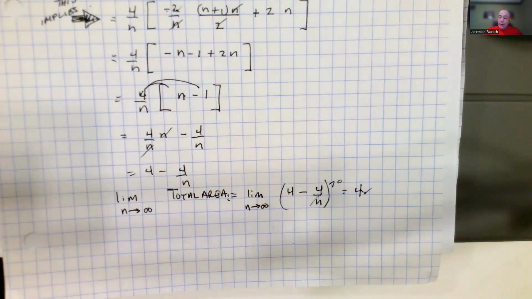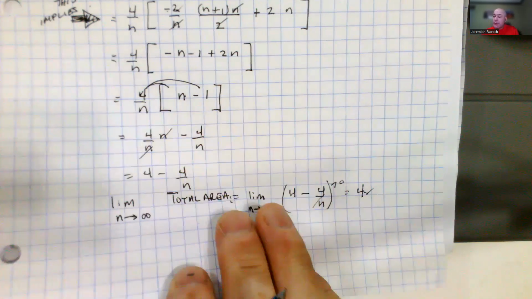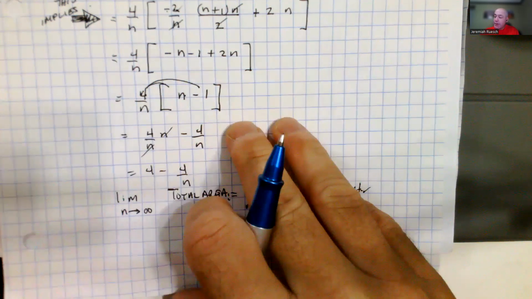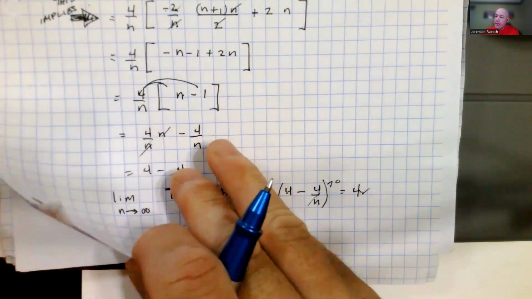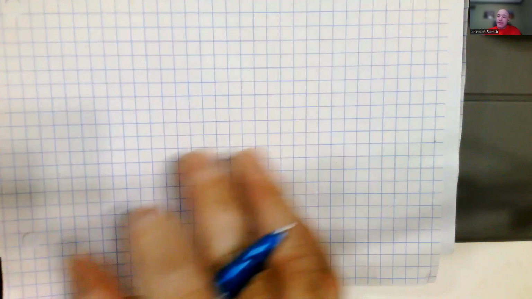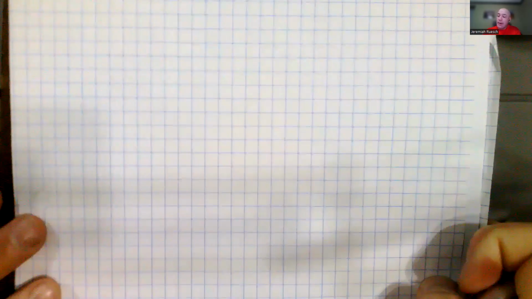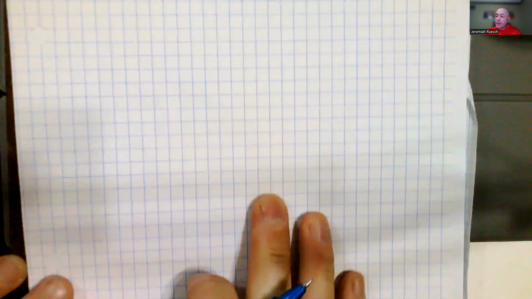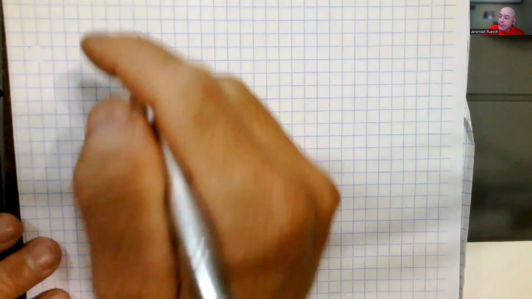Okay. Now, going to the problem I'm going to challenge you with, it's going to be very similar. The major difference will be that the height of the rectangles will be a little bit more uniform.